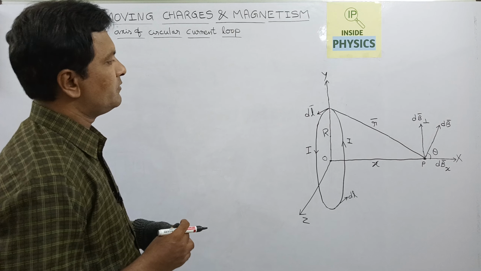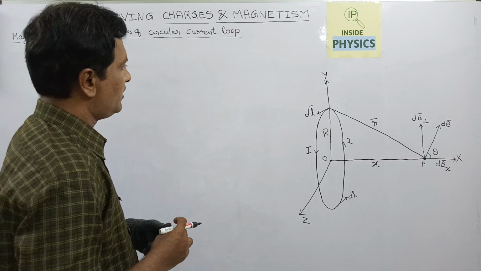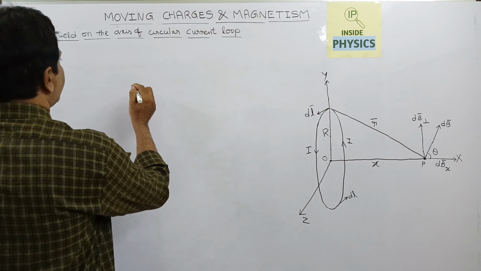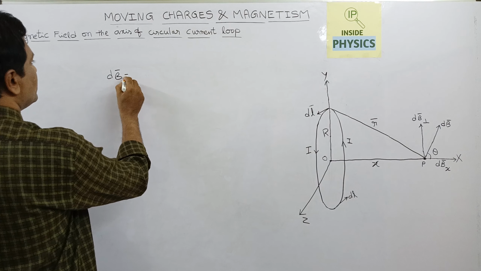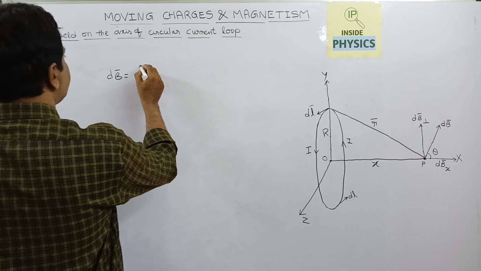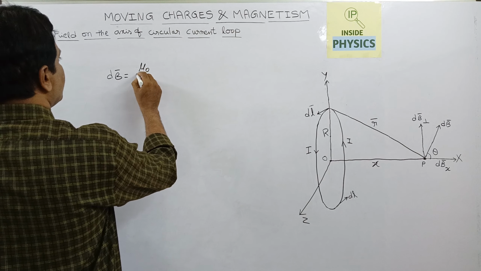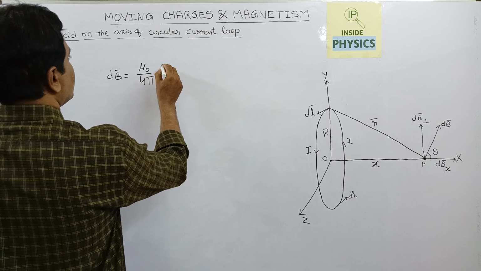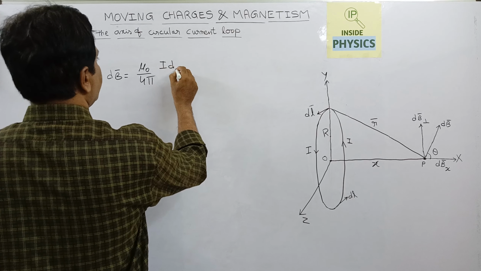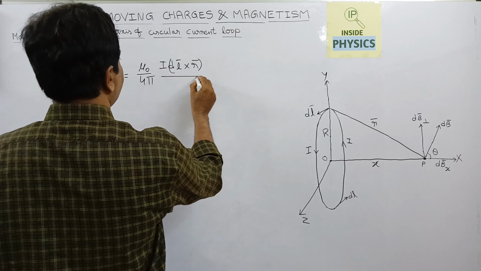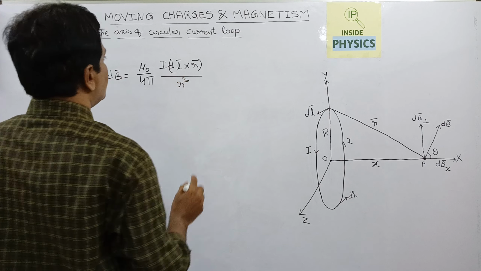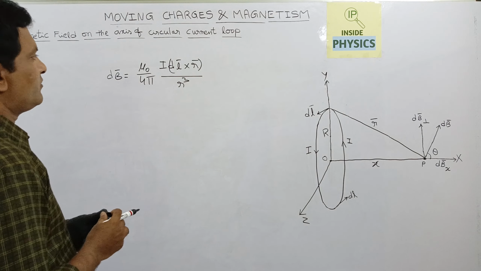We will start with the Biot-Savart law, and in vector form we can write dB bar is equal to mu naught by 4 pi, I dl bar cross r bar by r cube. So this is in vector form.